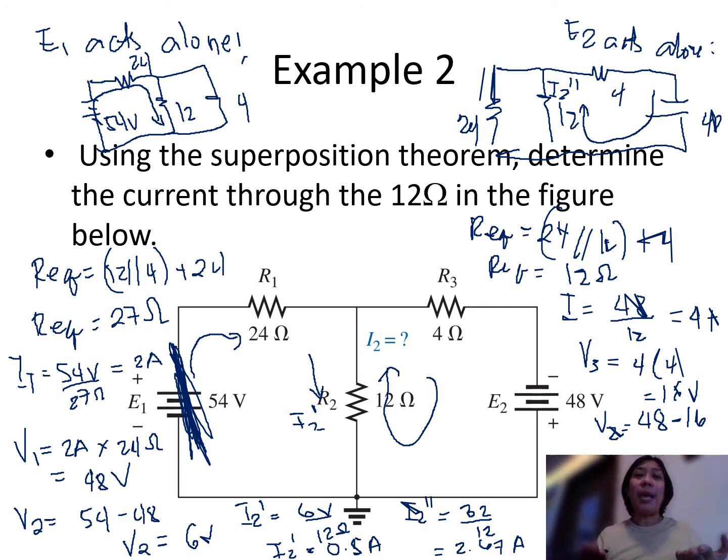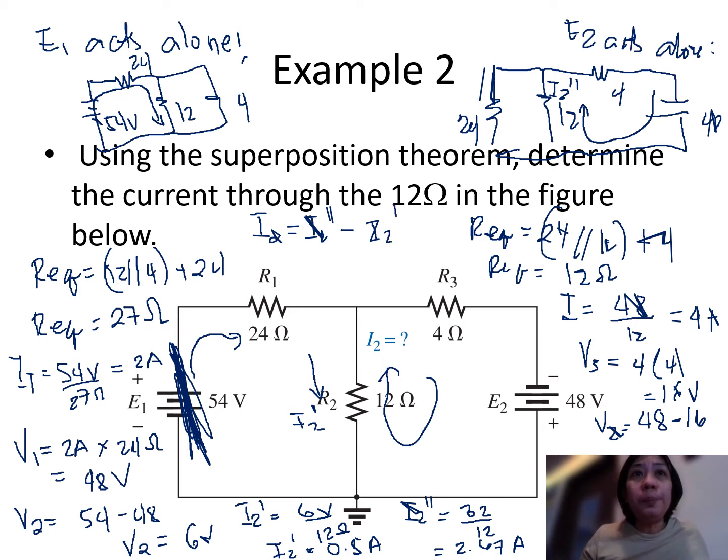What sign are we going to follow? Is it in the downward direction like this one or in the upward direction like this one? Whichever is the higher value, we will be following that direction. Therefore here, your I2 now is equal to I2 double prime minus I2 prime.